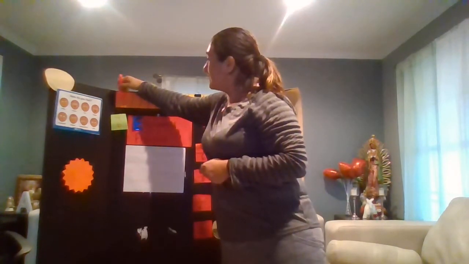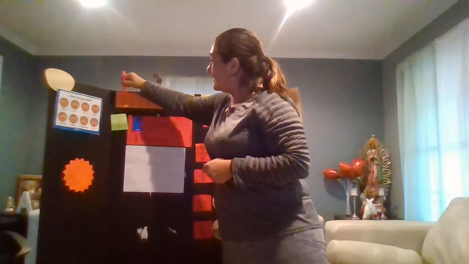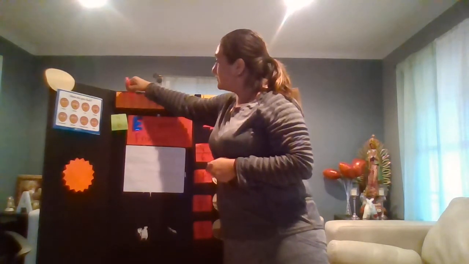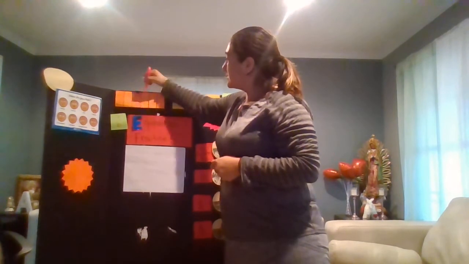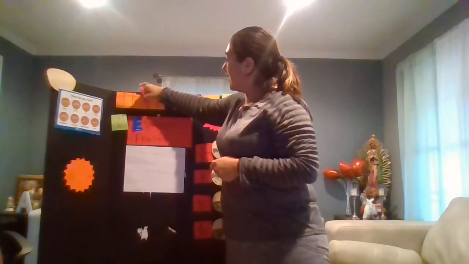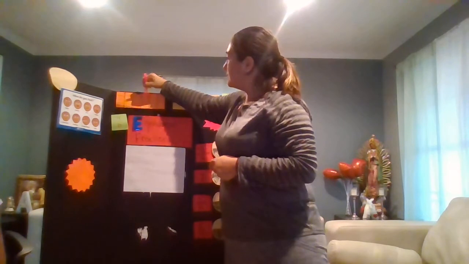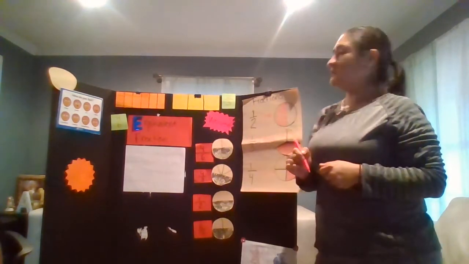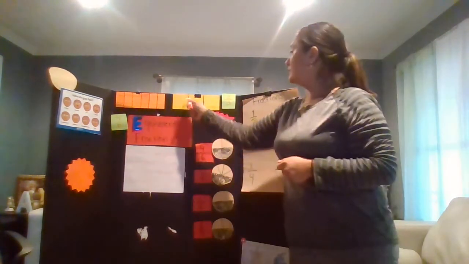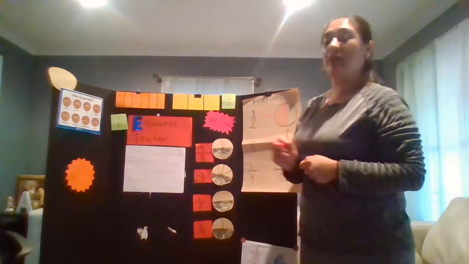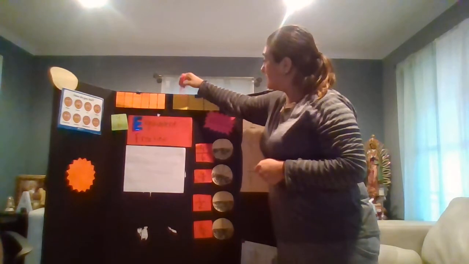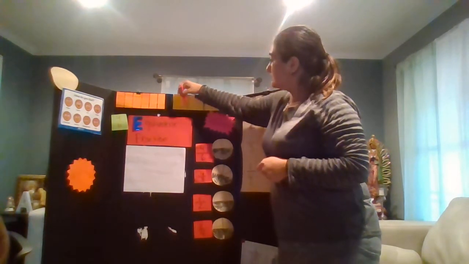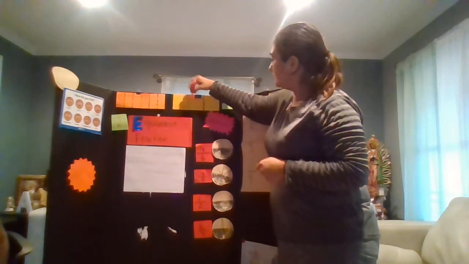So let's go ahead and shade 4. 1, 2, 3, 4. 4 out of the 6 parts. So now out of your 1, 2, 3, let's shade 2. So let's go ahead and do 1, 2.